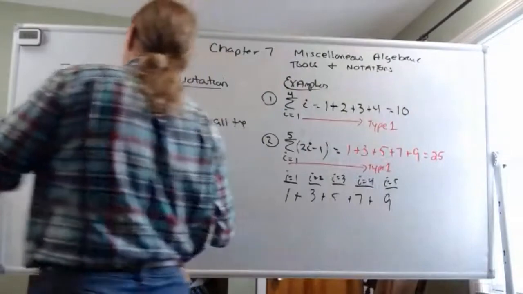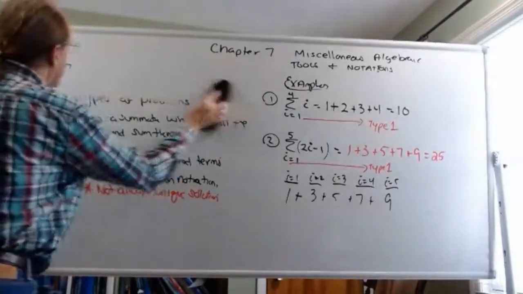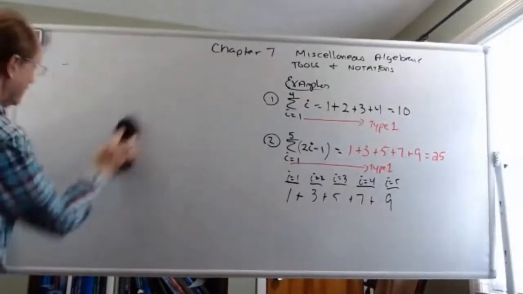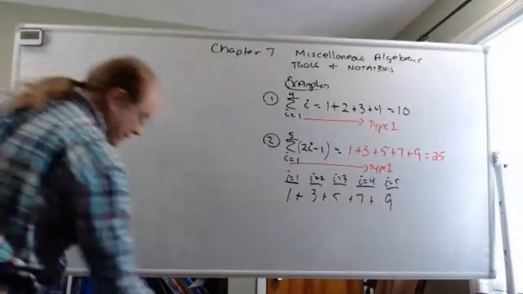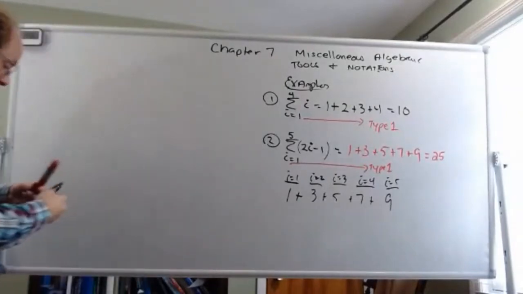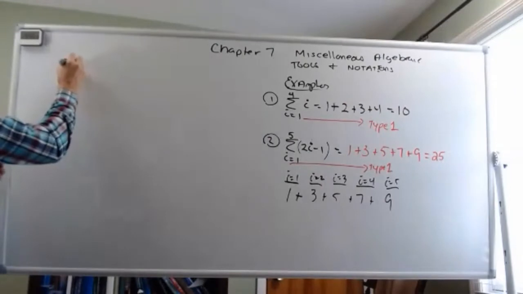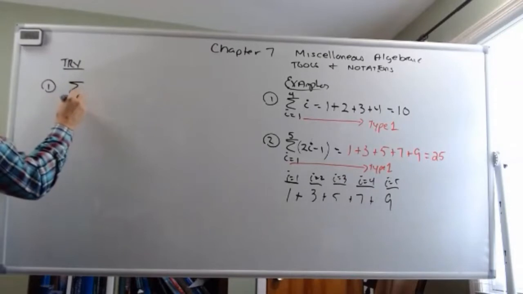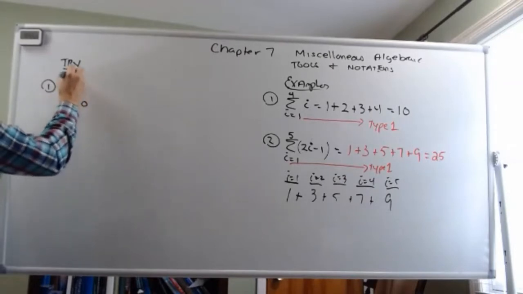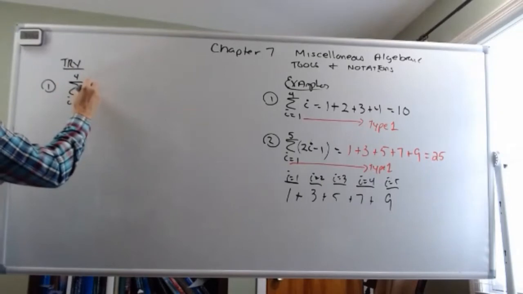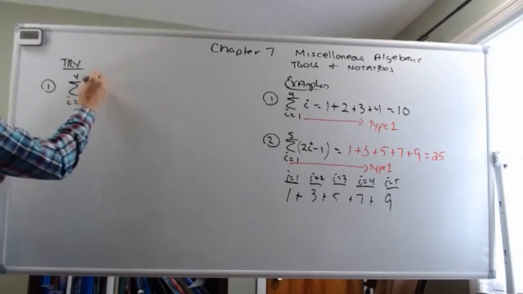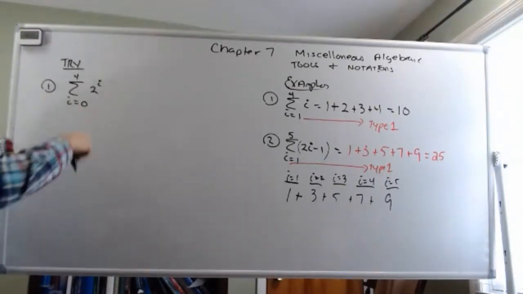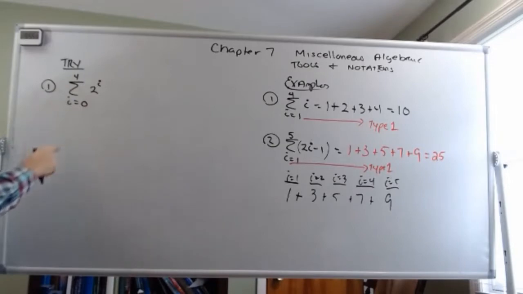Okay, let's put in a couple more over here and see if you can do that. Let me give you some to try and see how well you can do. So try some of these type 1 problems. All right, that one, i equals 0. I don't have to start out at 1. I can start out at a 0 value to 4 of pi.